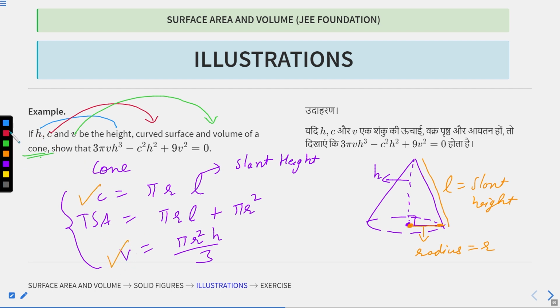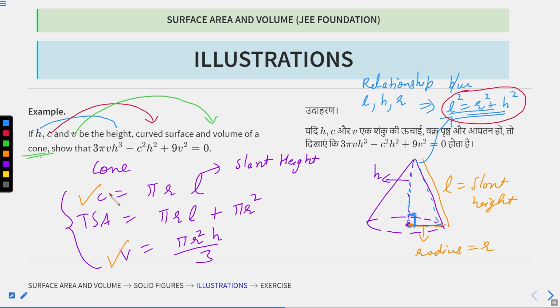And there's another thing, if you recall, the relationship between the slant height, the height, and the radius: L square is equal to R square plus H square, because this is my 90 degrees, and this makes a right angle triangle by Pythagoras. I am using this also here.